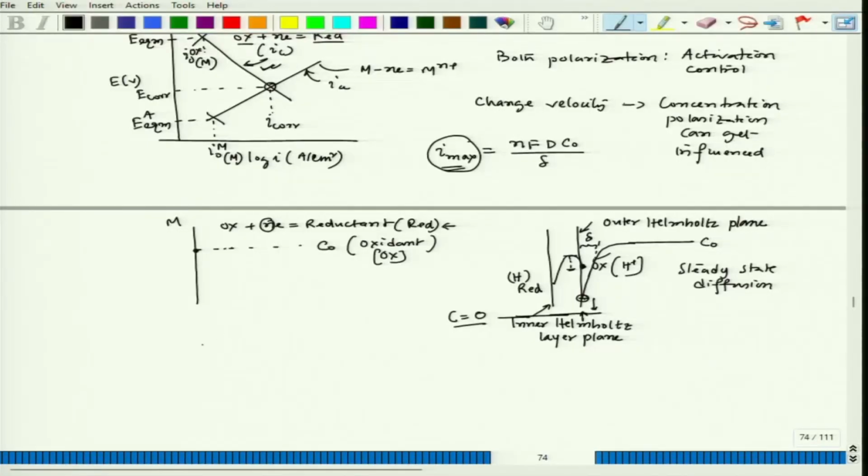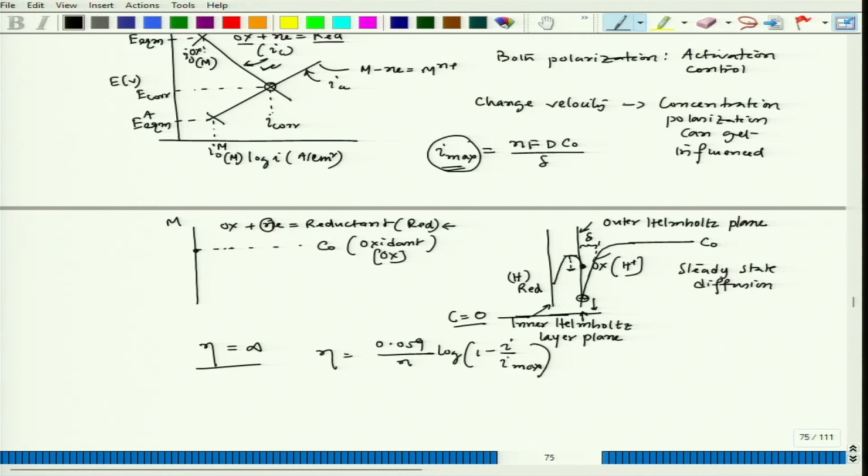So, then we will get I max, and when I max is achieved, my voltage would be infinite, because overvoltage is written as this.